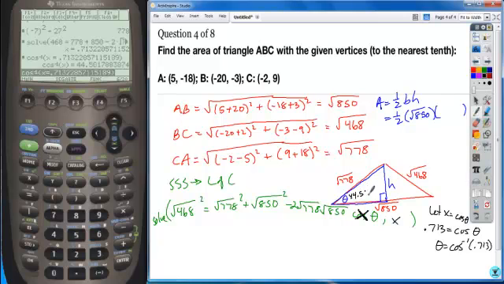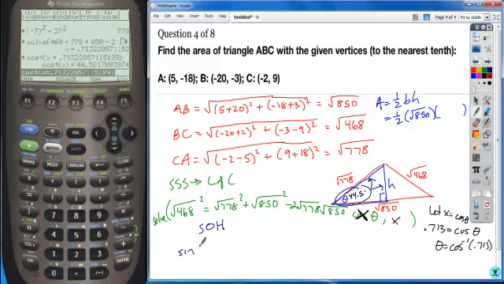Once I have this angle measure, I can now go back one more time and use a regular SOHCAHTOA trig ratio to find h. I have an angle, I have an opposite side, and I know the hypotenuse. So opposite and hypotenuse are related by the trig ratio sine.